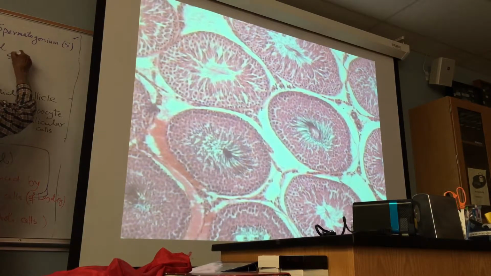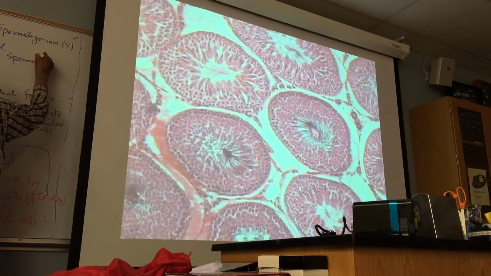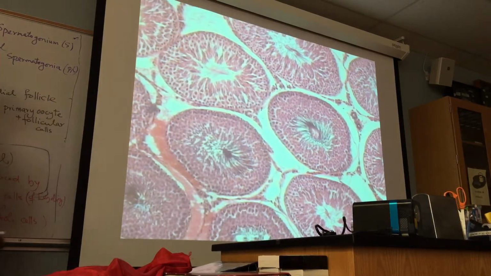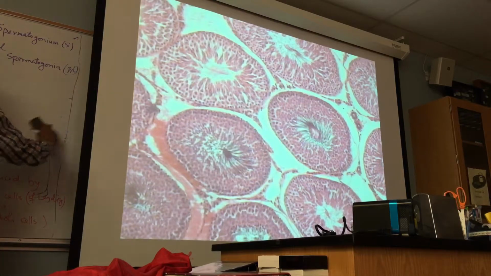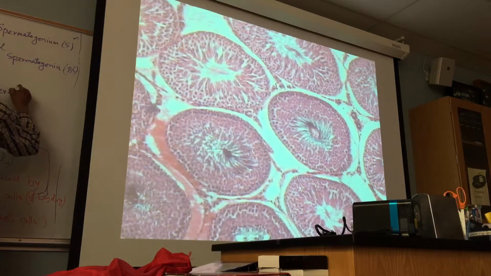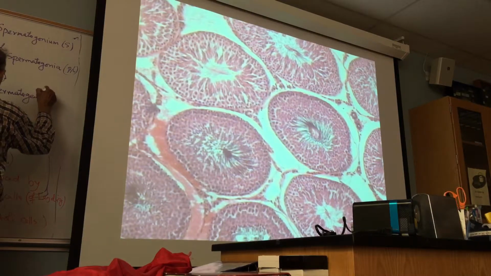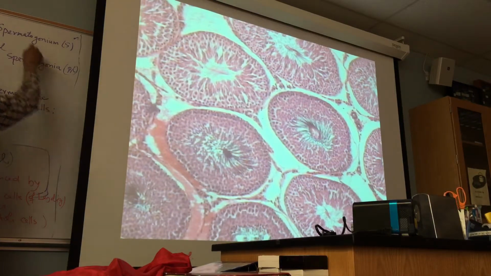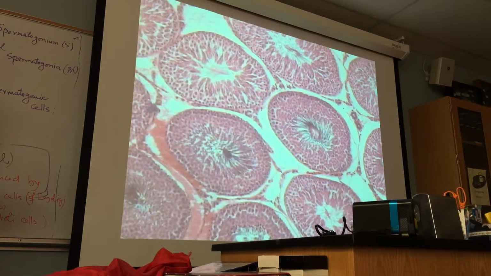And the cells that represent different stages of spermatogenesis are called spermatogenic cells. Spermatogenic cells will include spermatogonium, primary spermatocyte, secondary spermatocyte, spermatid.